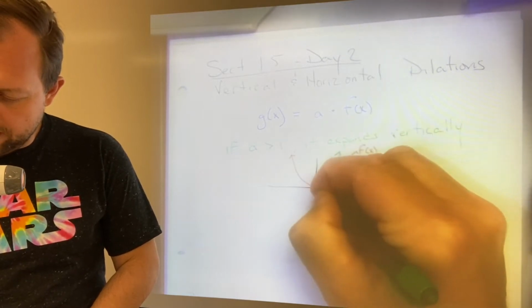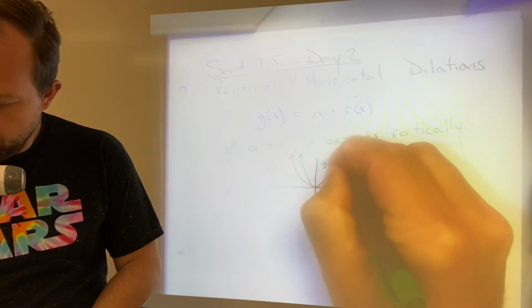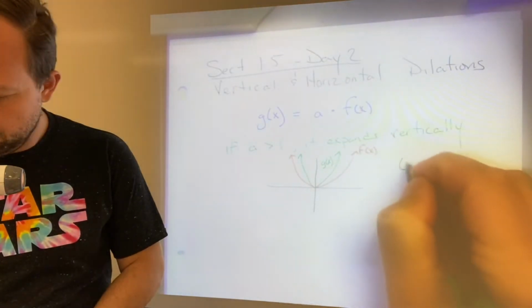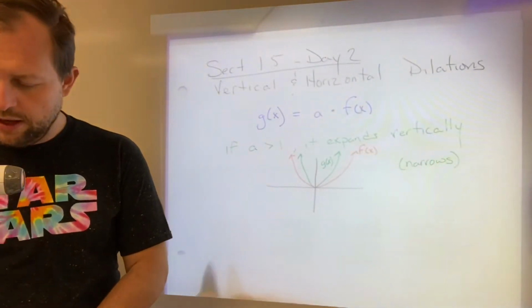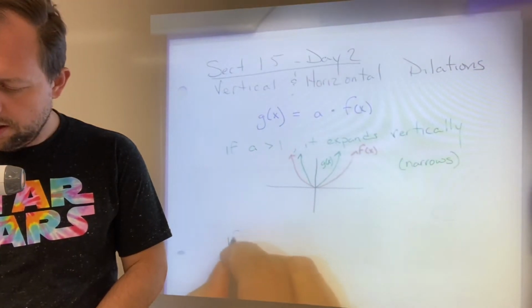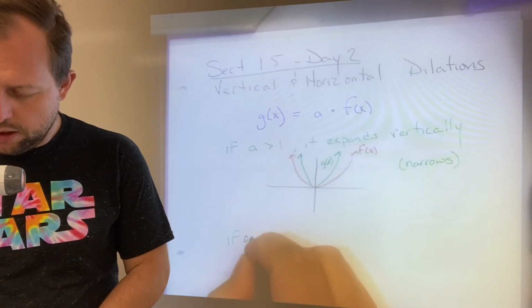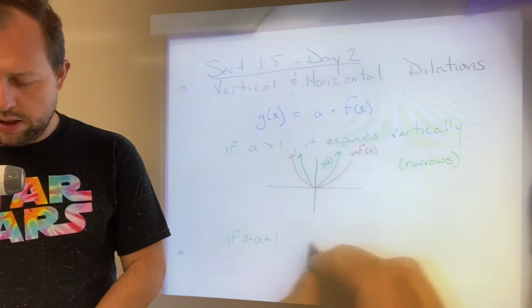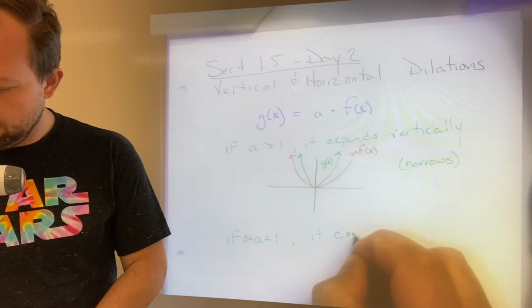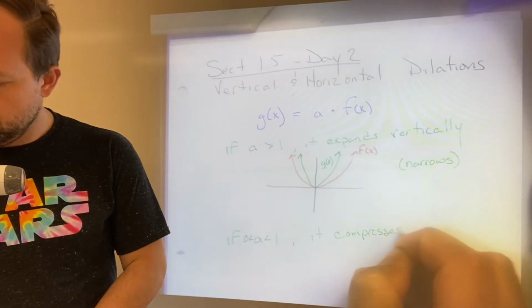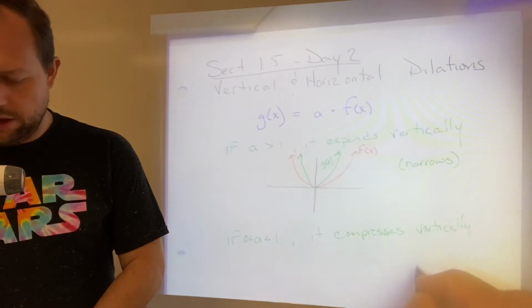So our g of x will actually be narrower. If a is between 0 and 1, it compresses vertically, which means it's going to widen.